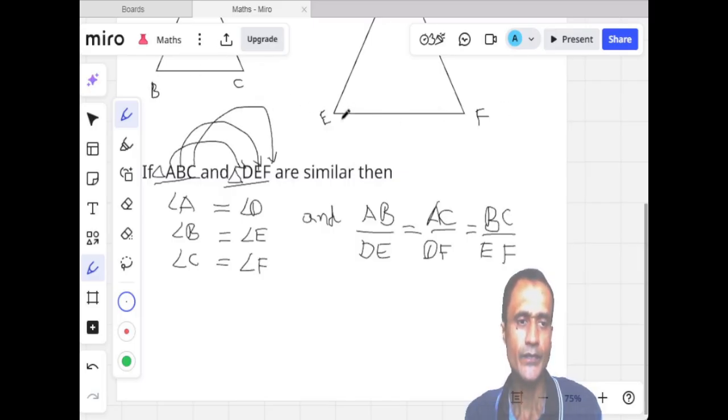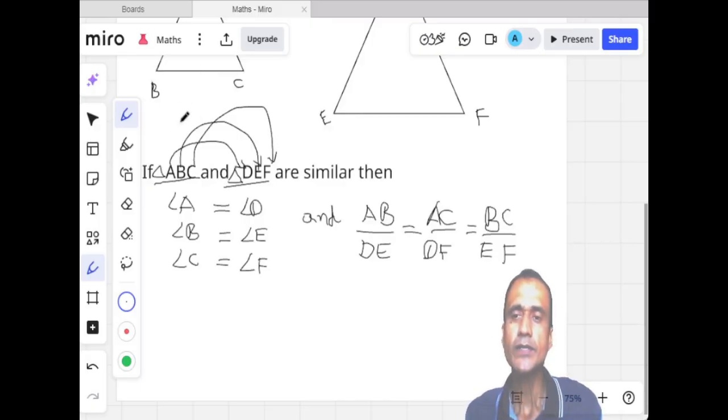Or if we know that two sides and the angle between them are equal in two triangles, then also we can say that the two triangles are congruent. That theorem was known as the SAS theorem.